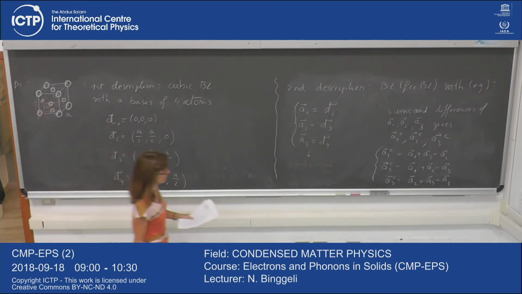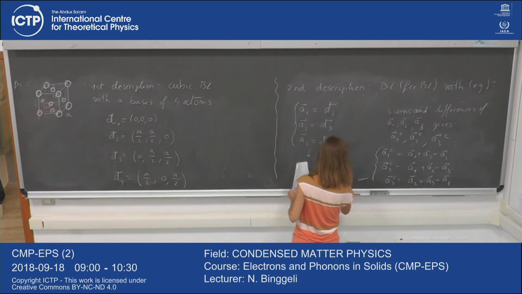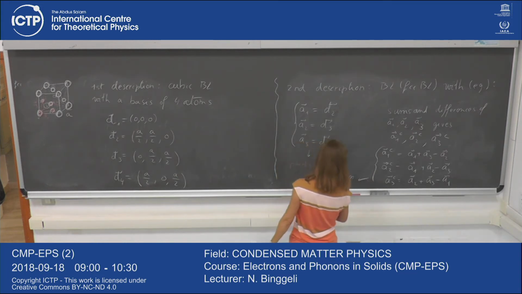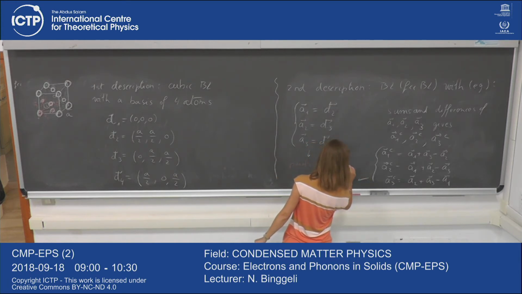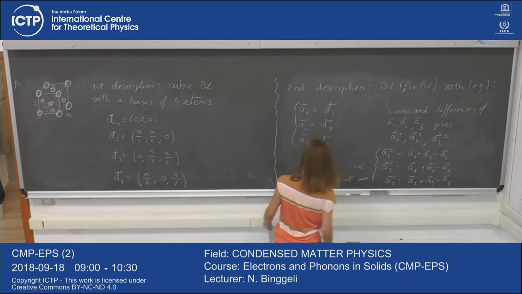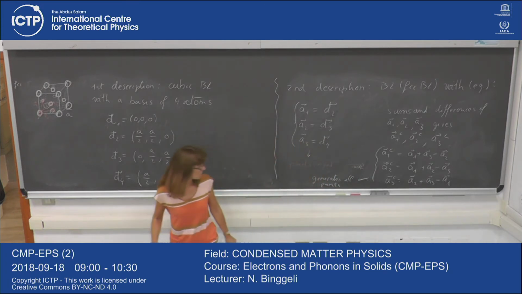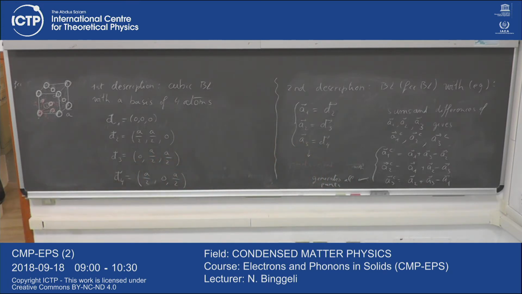Okay, so this generates all points in my Bravais lattice, the red points, so I get all the points in my FCC lattice.